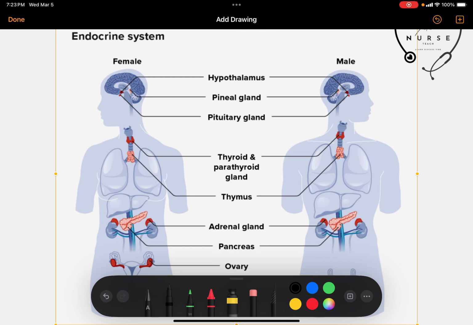As you can see here, the main point of these glands is to create and release messengers in the body, which are known as hormones, right? For the most part, the endocrine system plays a major role and has 5 functions within the body.